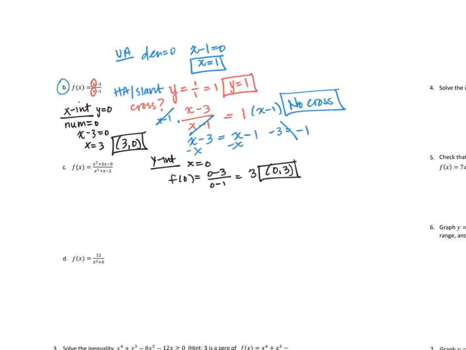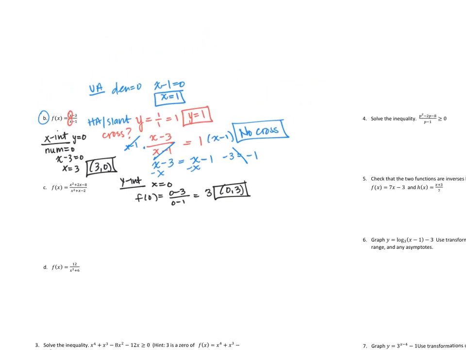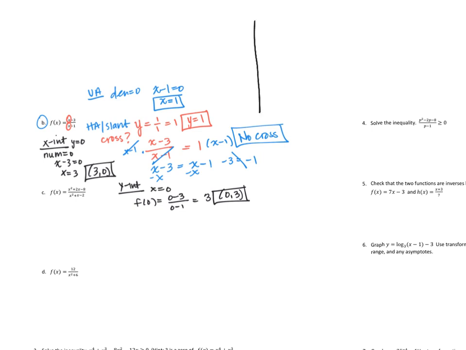So if we plot those details, let's see if we can find some room on here. Let's put some more points on here first. We have x is equal to 1, so this is our vertical asymptote. We never cross those because our function is undefined for that value.